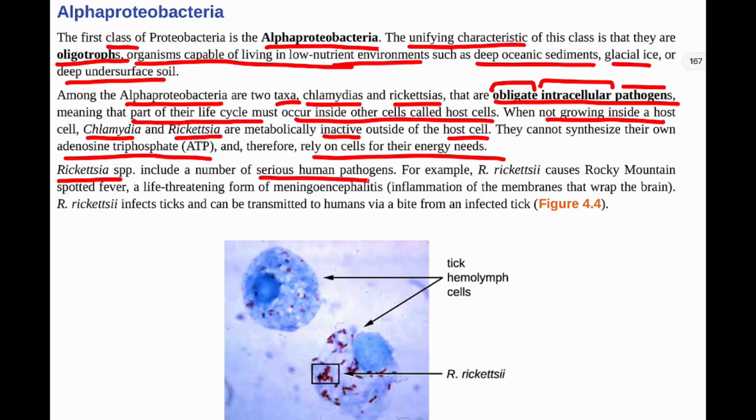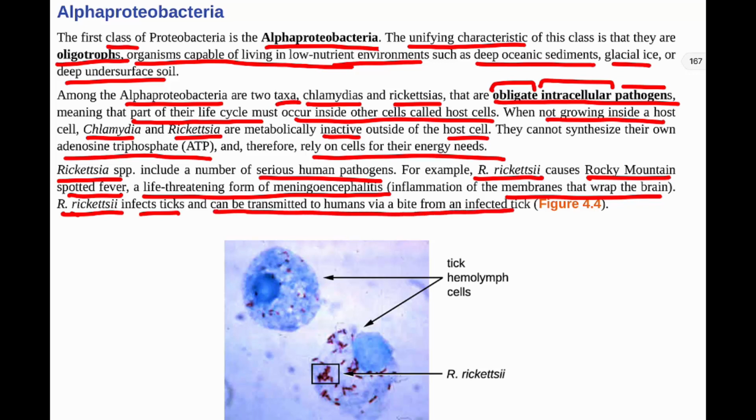The Rickettsia species include a number of serious human pathogens. For example, Rickettsia rickettsii causes Rocky Mountain spotted fever, a life-threatening form of meningoencephalitis, which is inflammation of the membranes of the brain. R. rickettsii infects ticks and can then be transmitted to humans via a bite from an infected tick.